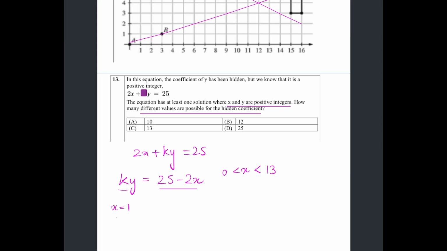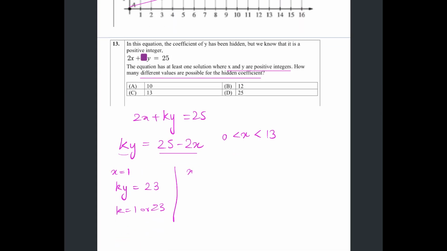When x equals 1, ky equals 25 minus 2, that is 23. If ky is 23, k can be 1 or 23. If x equals 2, ky equals 21, so k can be 1, 3, 7 or 21.